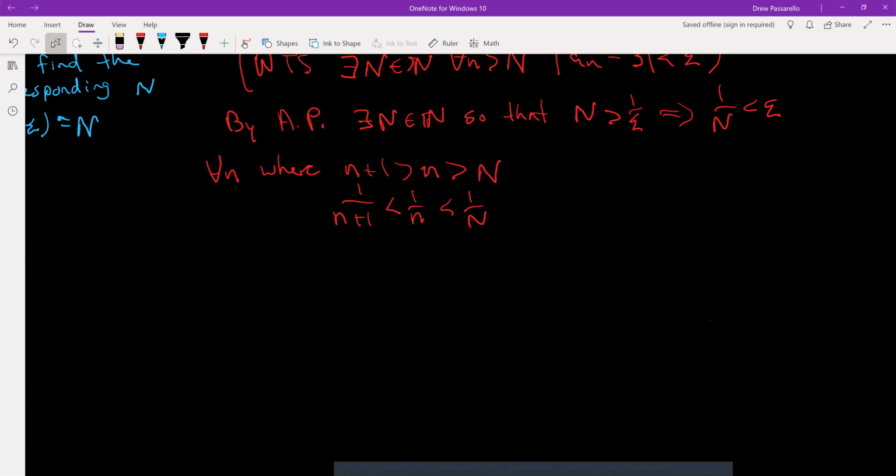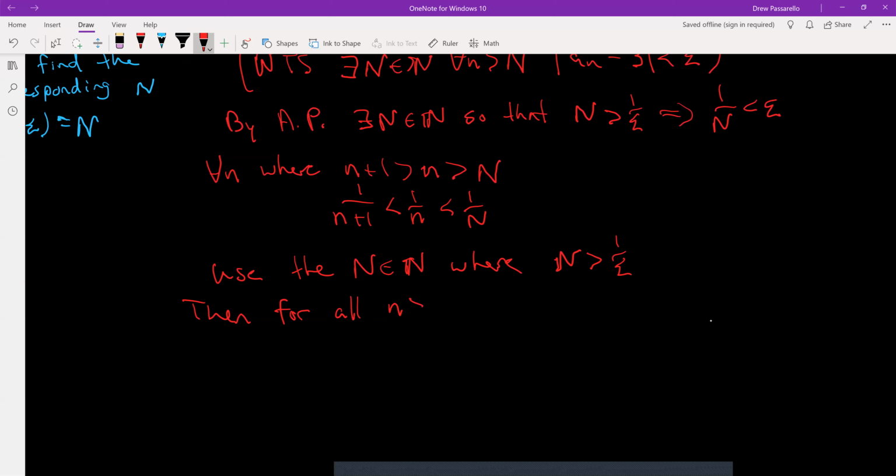All right, so for completing the proof, combining everything together, we're going to find N. We're going to use the value N, where capital N is bigger than 1 over epsilon. Then for all little n bigger than capital N, we have the following.